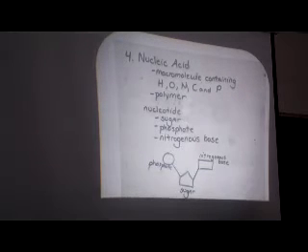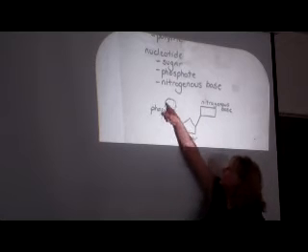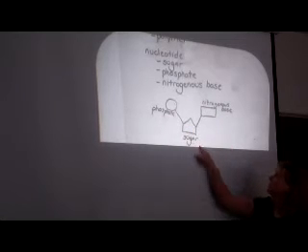So here's a picture. I've taken those 3 words and I drew myself a nucleotide. Now here's where everybody gets a little confused. The whole thing right here is a nucleotide. Now the nucleotide has 3 parts to it.